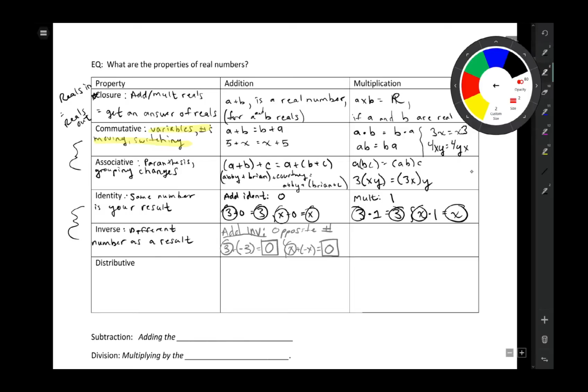The multiplicative inverse is the reciprocal, which is a fraction flipped over itself. That word should seem familiar. So if we have 3 and we multiply it by 1/3, reciprocal means fraction flipped, you get 1.